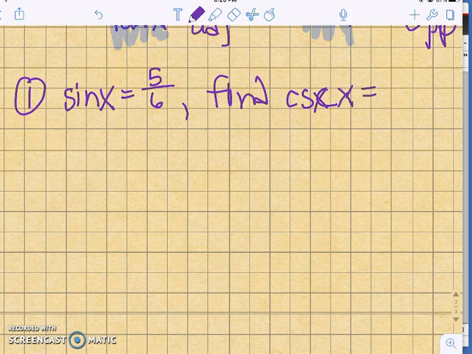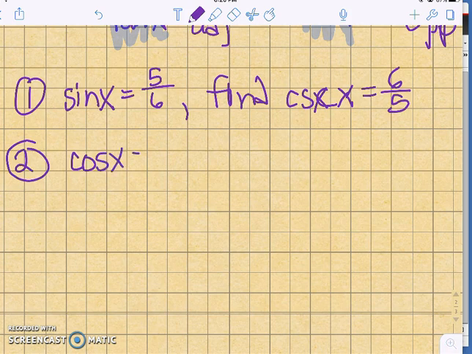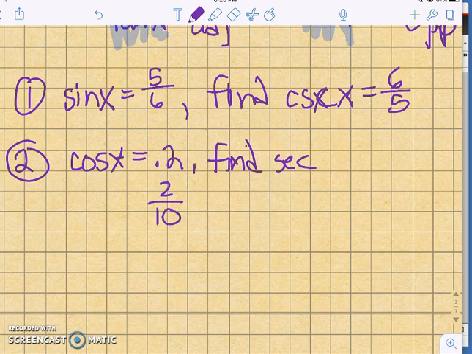They're just reciprocal, so it would just be 6 over 5. You can do the same thing with decimals. Let's say the cosine of x is 0.2, and you need to find the secant. Well, the easiest thing to do is 0.2 is 2/10, so 2 over 10. So the secant of x would be 10 over 2, which reduces down to 5.